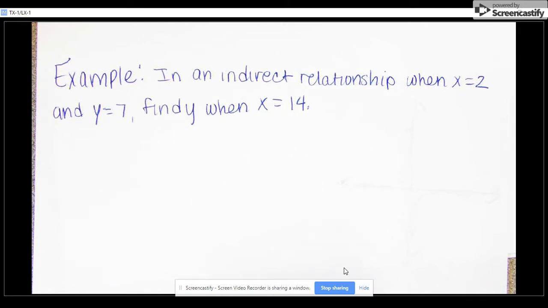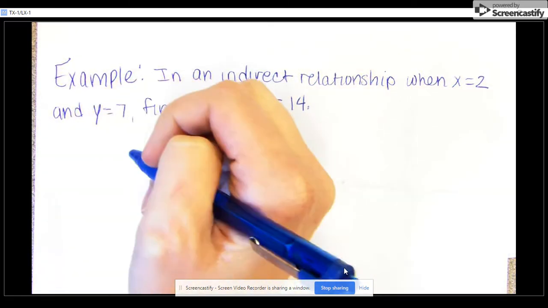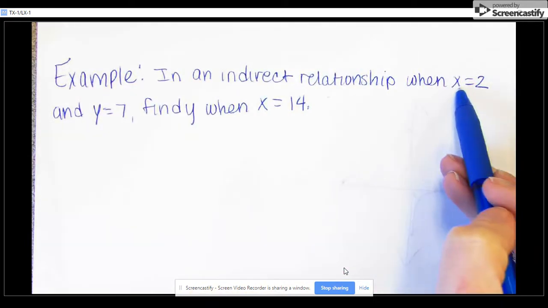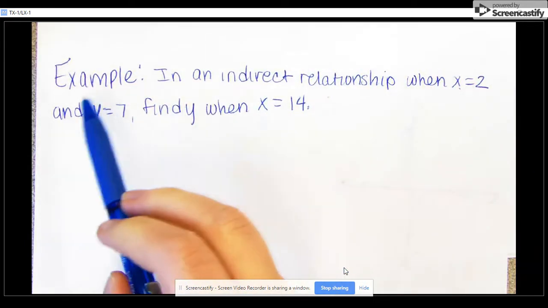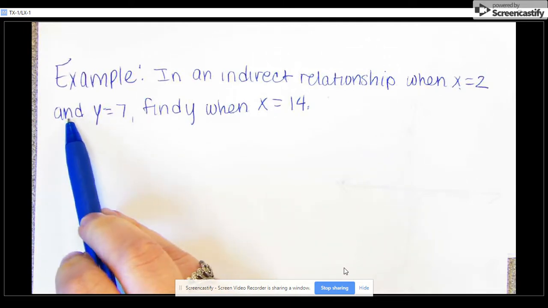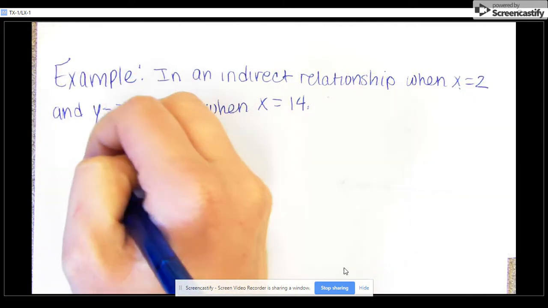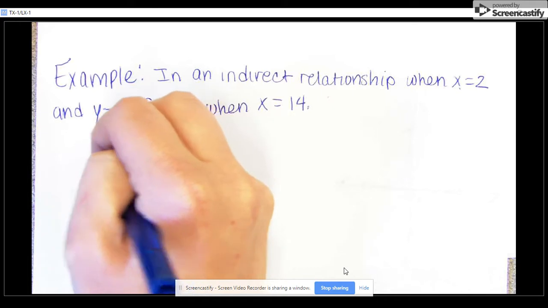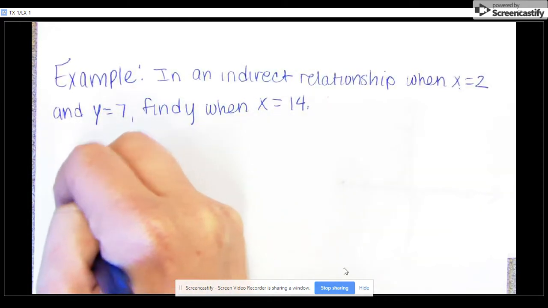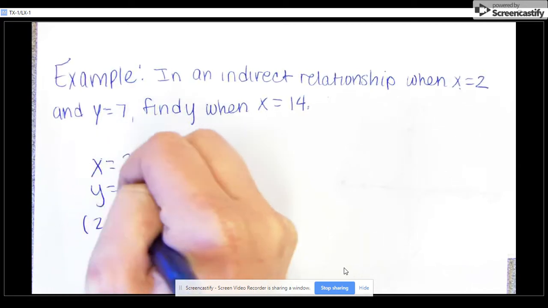My first step is to identify my point, or my x and y values, to start off with. I see right here that x is equal to 2 and y is equal to 7. They're separated by the word and, so I know that they're together. So I have x equals 2 and y equals 7 for a point 2, 7.